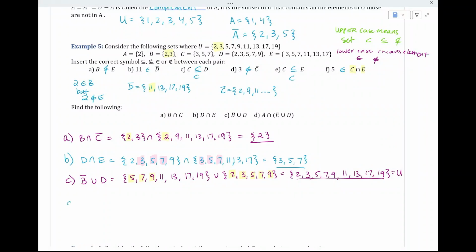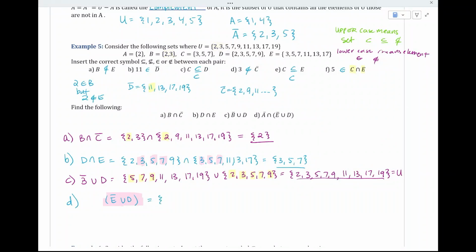Next up is D, which is A complement intersect E complement union D. Since this E complement union D is in parentheses, we're going to go ahead and do that first. So E complement union D is E complement.